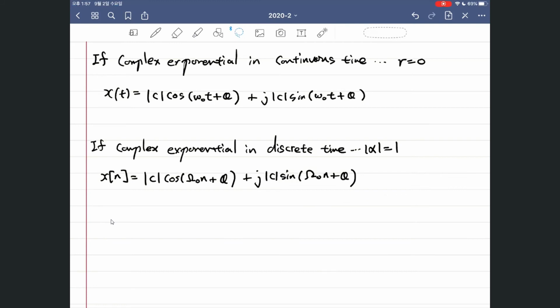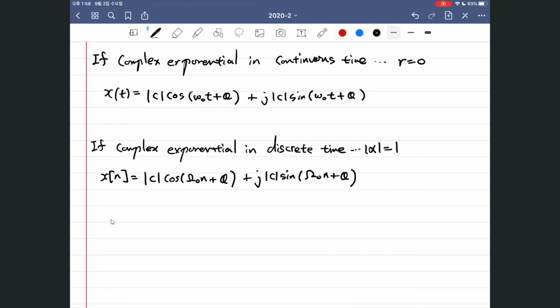And even though we have this equation, can we say that this equation is periodic? I'll just leave it this way. So my original question was, is it a periodic signal?